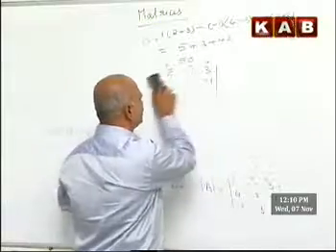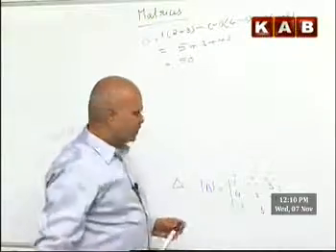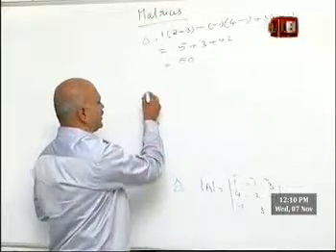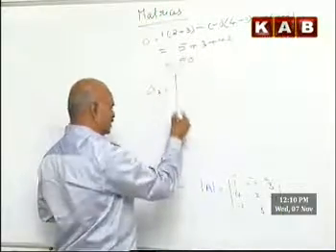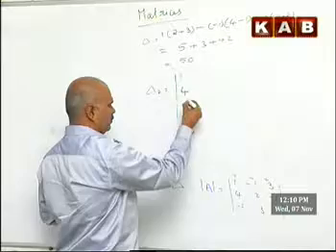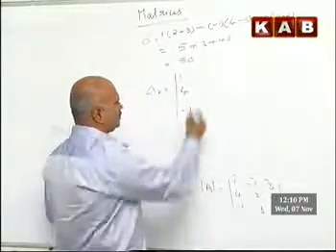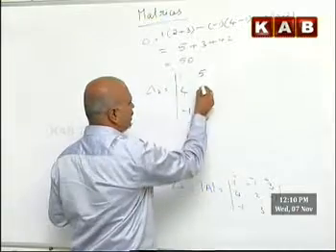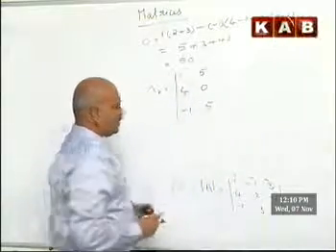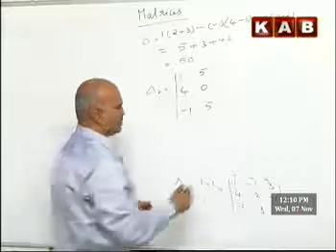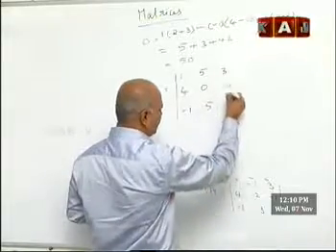Delta 2 is equal to, we can write delta 2 as this one, 1 4 minus 1. First row is as it is, first column is as it is, but the second column will be changed with constants, that is 5 0 5. Again 3 minus 1 1.